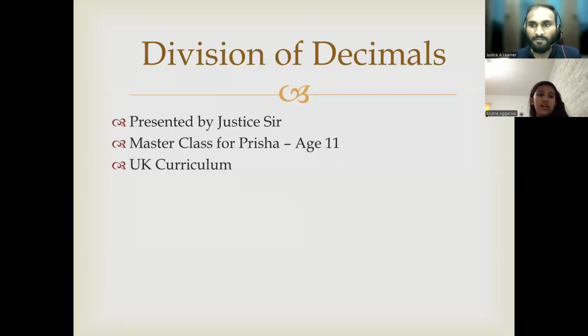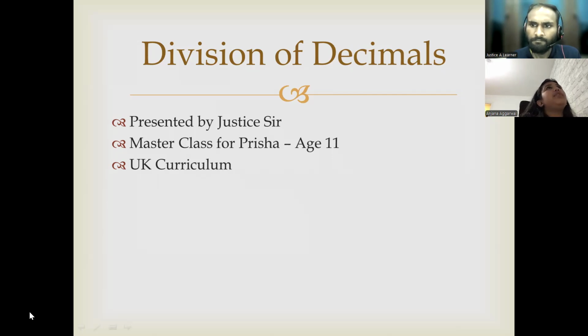So here is a first question for you before we begin. What do you understand by decimal basically? So a decimal is a number that is like in the middle of two whole numbers, and it's used with a decimal point, like 5.4.